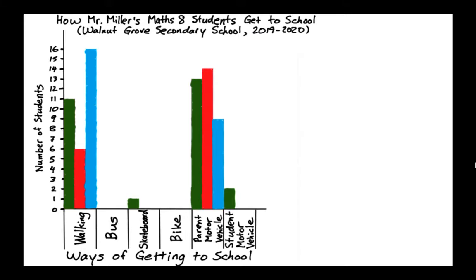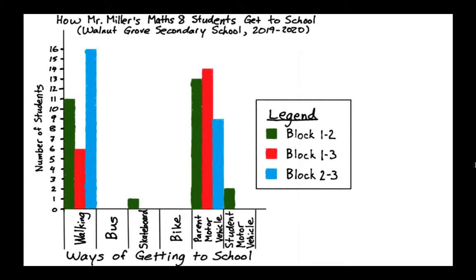Now I've told you that the green is 1-2 and that the red is for 1-3 and blue is for 2-3, but of course I need to make sure that this is clear on paper here if I'm doing this by hand. So I need to add in a legend. And notice that I'm using color now.